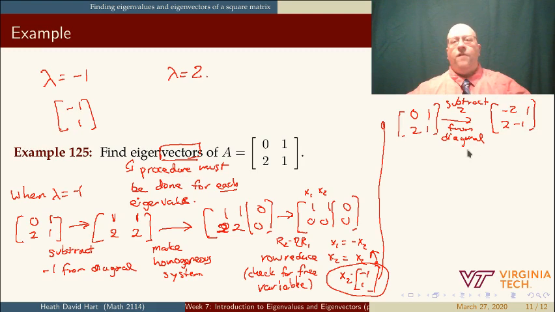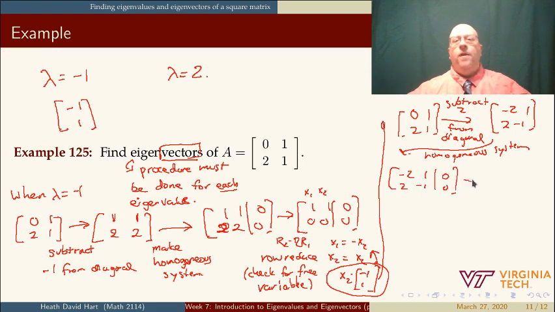Take this matrix and make it into a homogeneous system. And we have -2, 1, 0, 2, -1, 0. And when we row reduce this, I'll divide the top row by -2. I get 1, -1/2, 0. And the top row and the bottom obviously cancel.